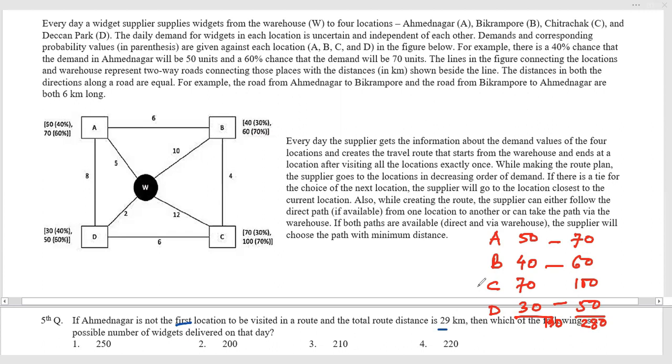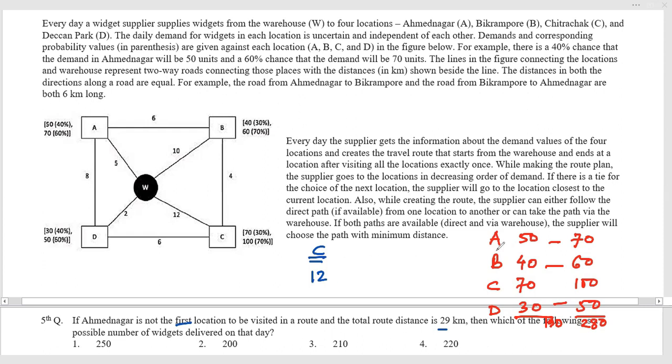So the first location will be C. The first location will definitely be C, which means 12 kilometers done. After that, it can come to A. From C, if it goes to A, 17 is added, and 29 kilometers will be done.